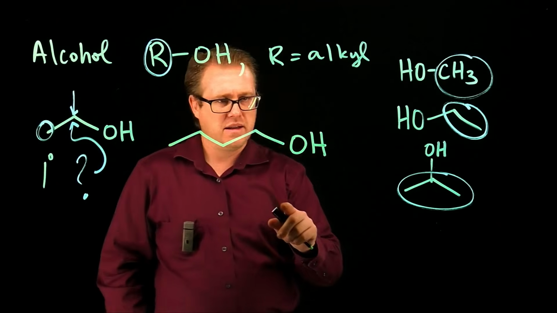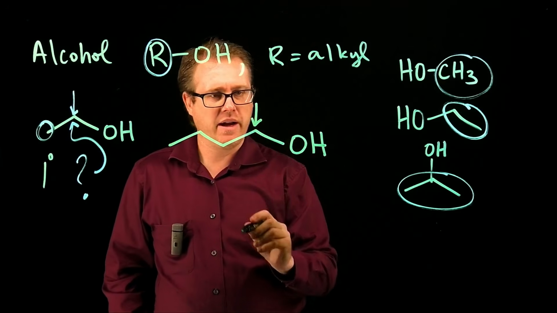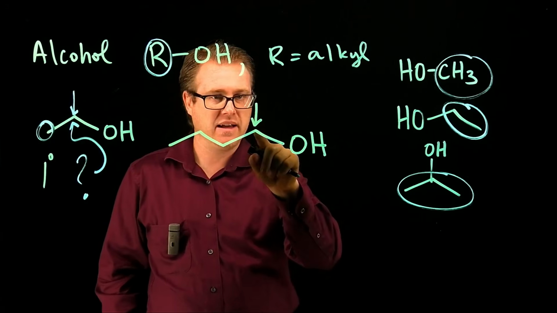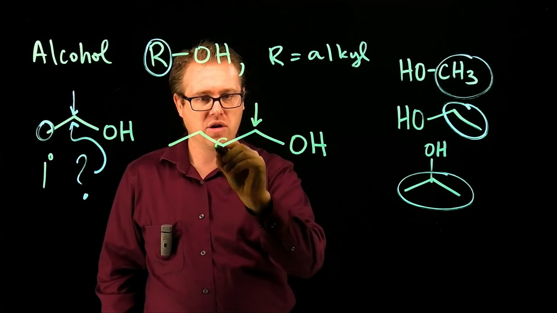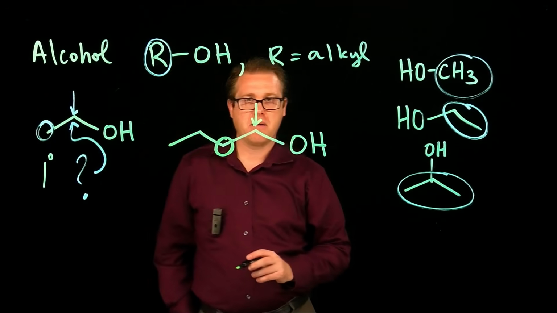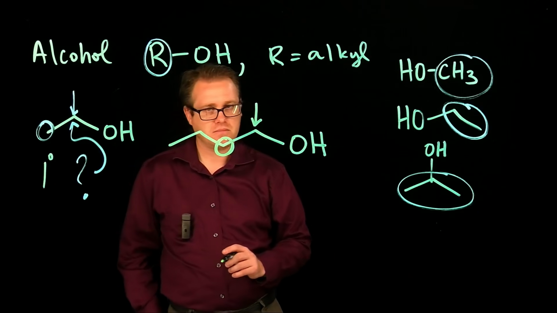When we take a look at this, we see that's the carbon the OH is attached to. So we're counting how many carbons are directly attached to that one. And there's only that carbon. So that makes that a primary alcohol.